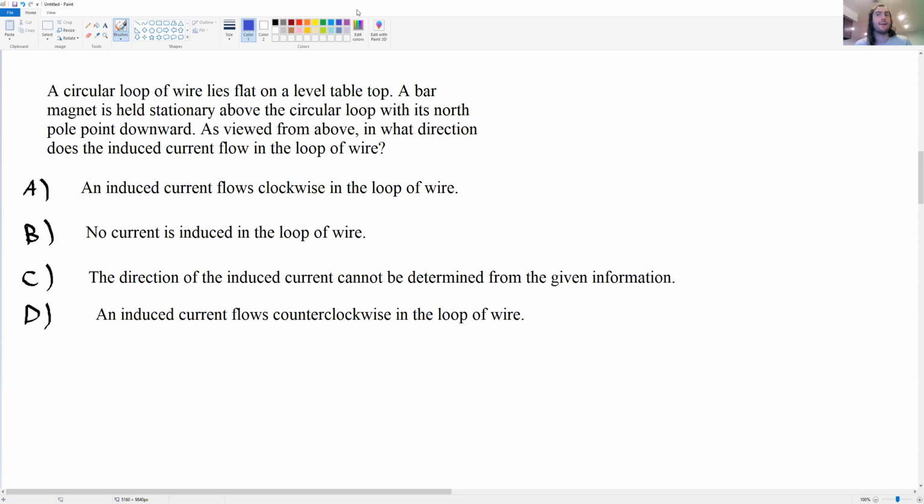A bar magnet is held stationary above the circular loop, with its north pole pointing downward. As viewed from above, in what direction does the induced current flow in the loop of wire?